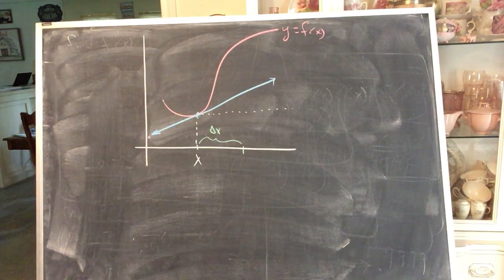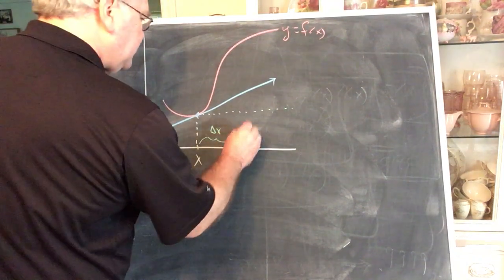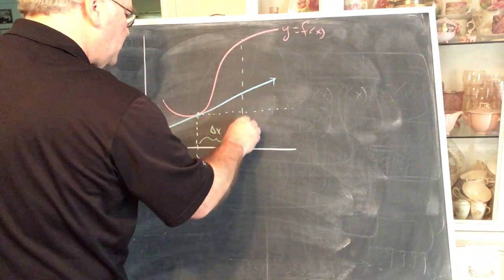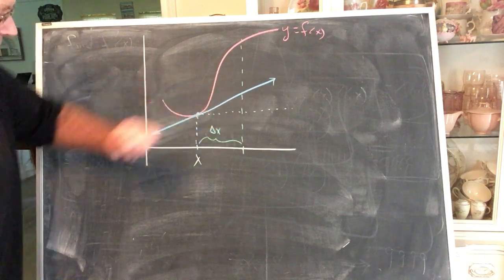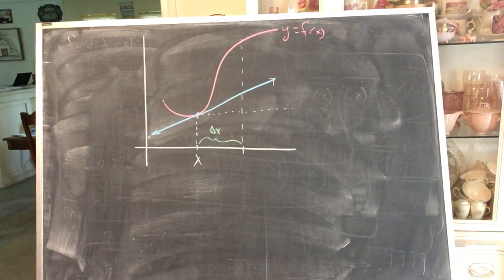Let's consider a few qualities we have here. I want to label some distances, and then we're going to see if we can discuss those. So we have x, we have this distance delta x.